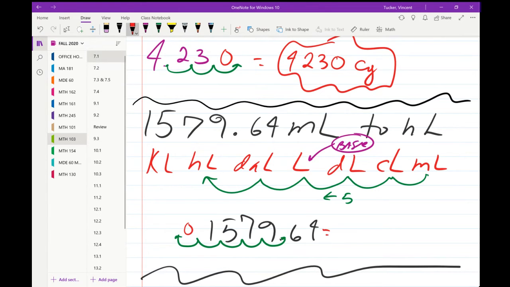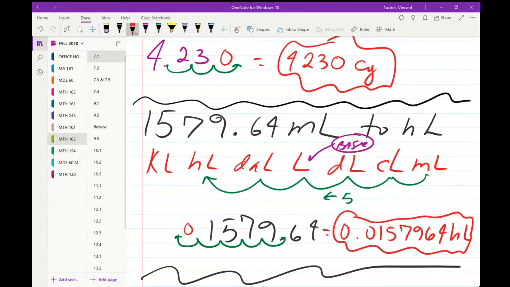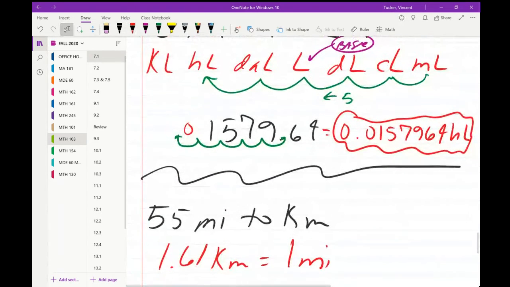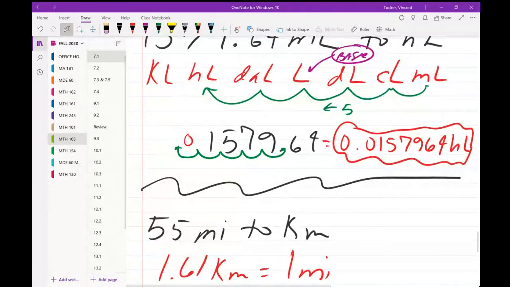Use a 0 as a placeholder. .0157964 hectoliters. Questions before we go to the next one?